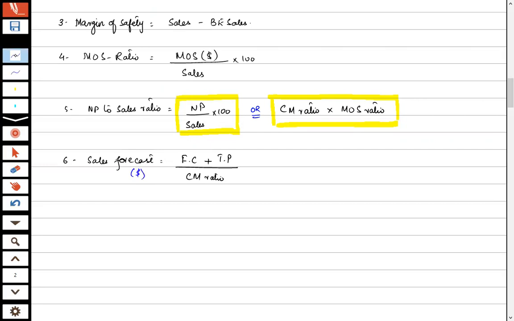And how much do I have to sell in units in order to earn a profit of 100,000, then it would be sales forecast in units. Again, it would be fixed cost plus target profit divided by CM per unit.